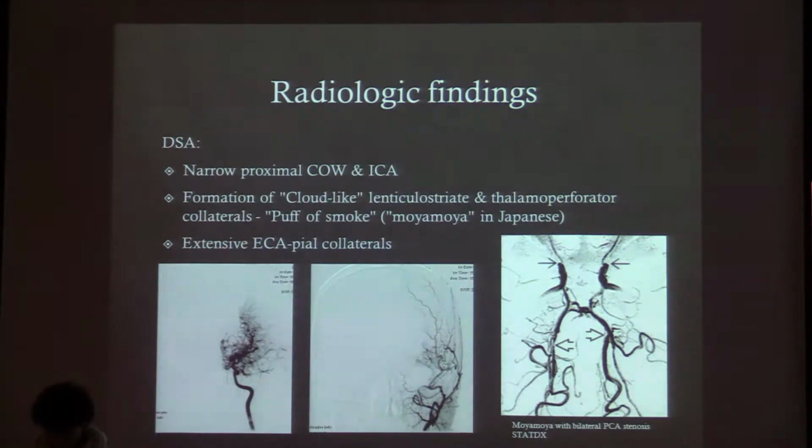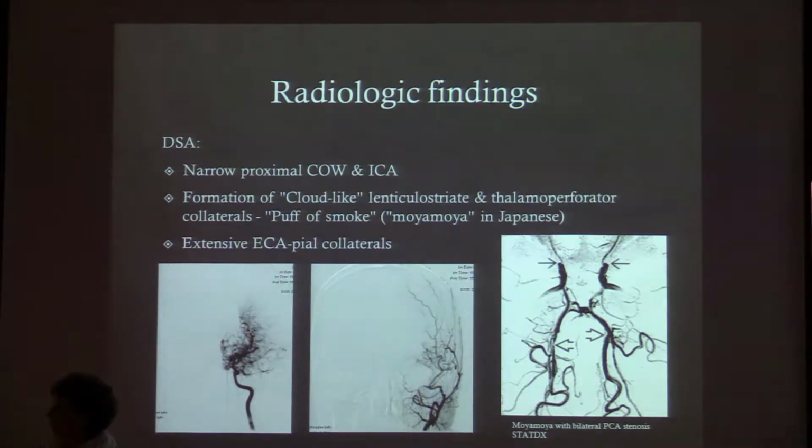On the lower pictures you can see digital subtraction angiography. On the left side, the left carotid artery was injected with contrast, and you could see these multiple collateral vessels, which are also called Moyamoya vessels.